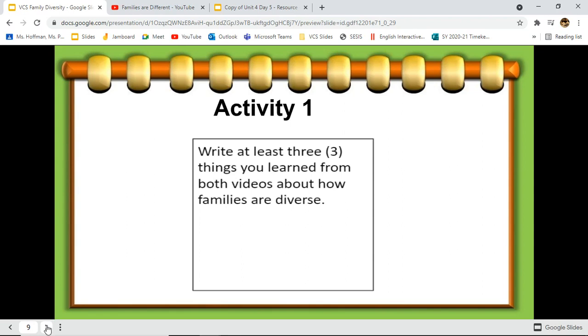To adapt or modify it for our students, I would potentially ask the students to write 3 things after each video as opposed to asking them to do it after they've watched both. That way, you'll be able to solicit more details and they'll be more likely to remember more information directly after each video. Then they can combine the 2 lists that they've created.